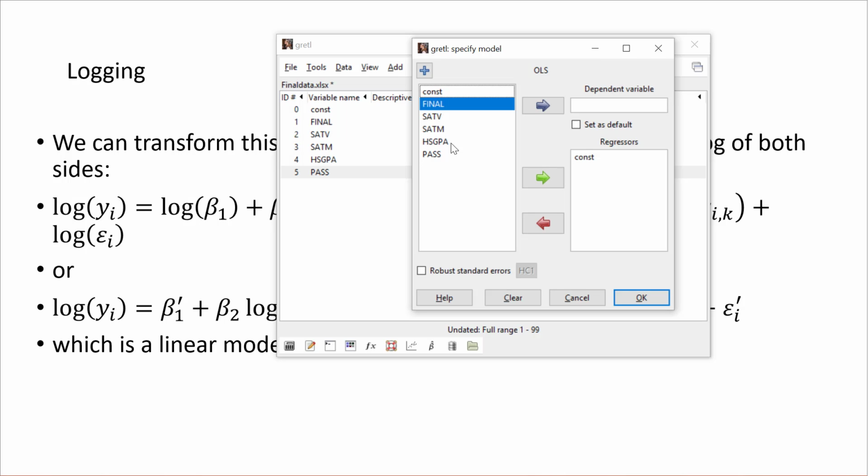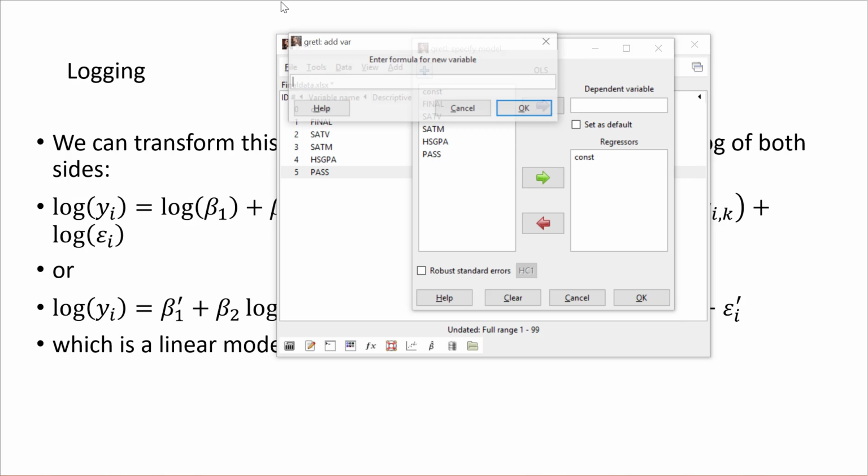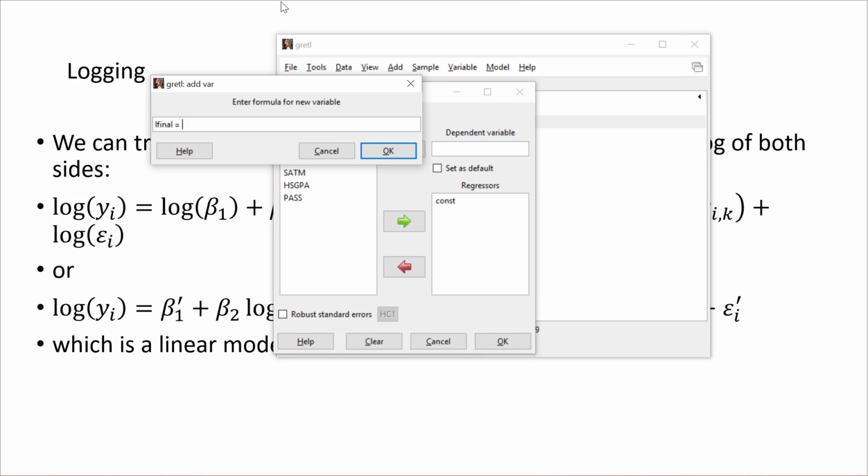If I want to do it as a log-log model, I have to create log of these variables first. So let's just do L final as log of final. Log is the natural logarithm in Gretl, so that's the one we want.